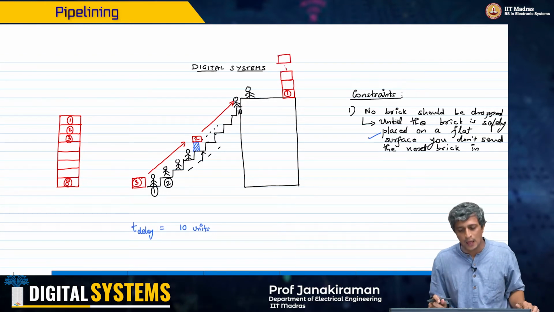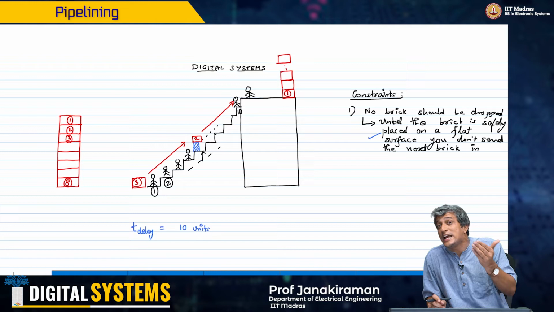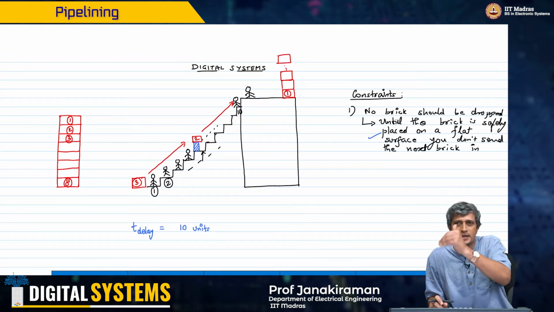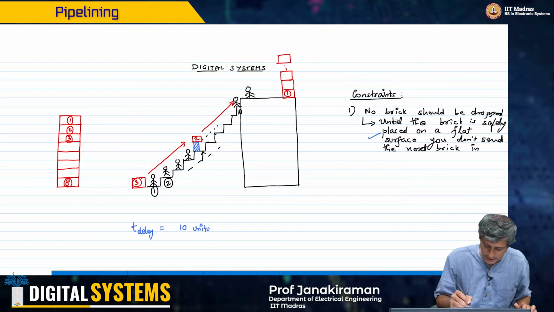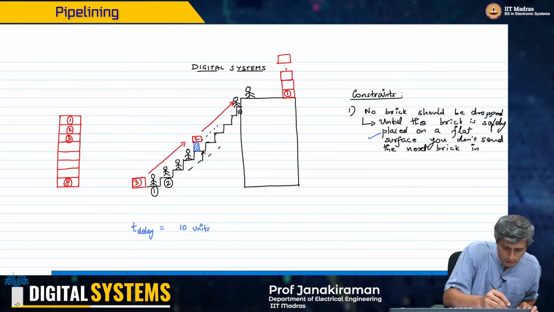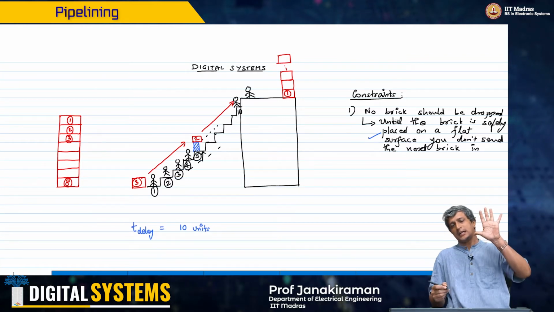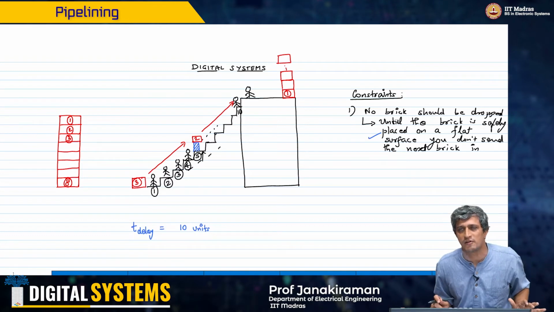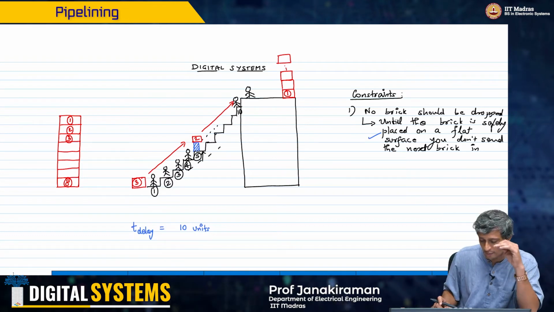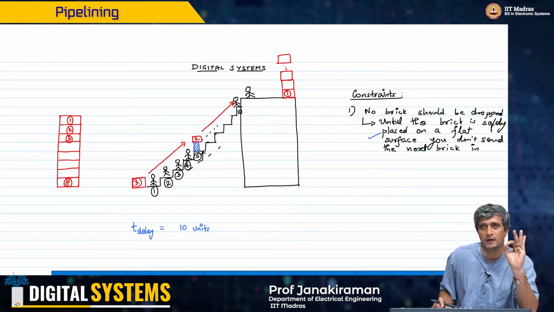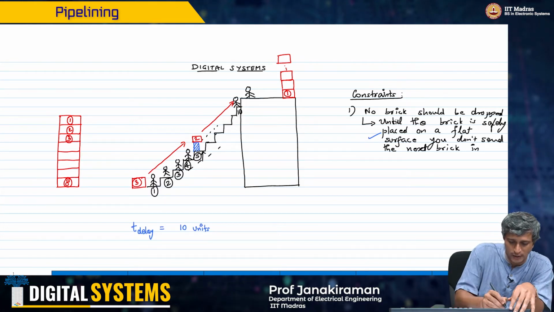But now the waiting time has come down. I don't have to wait 10 units of time. So let us say, for example, this is number 1, 2, 3, 4 and number 5. At step number 5, I put that pedestal where I can place that brick. Therefore technically I can feed the next brick after 5 units of time.